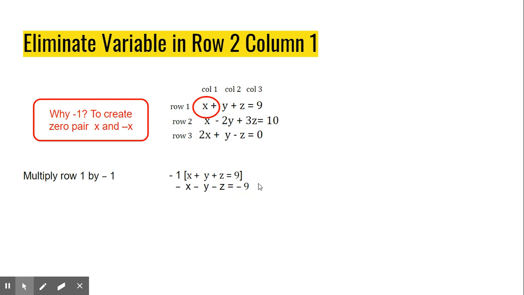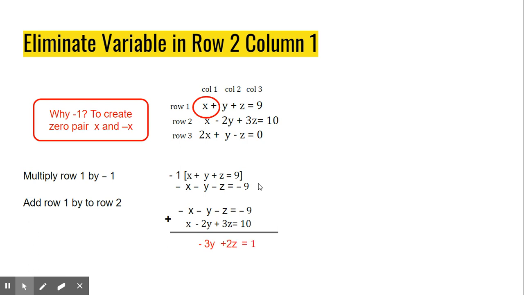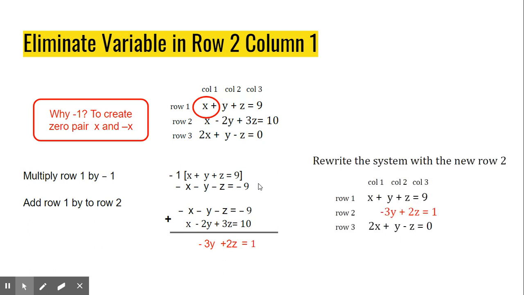Then I'm going to take my new equation and add it to row 2. When I do that, I cancel out the x's in that position, and I end up with -3y plus 2z is equal to 1. Now, it's very important at this point that you rewrite your system with your new row 2.